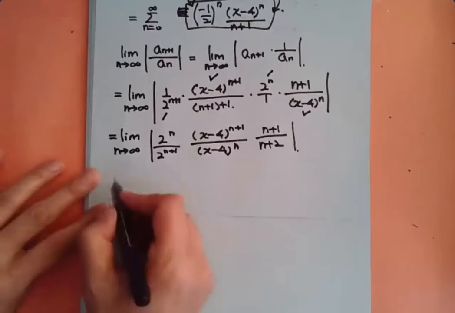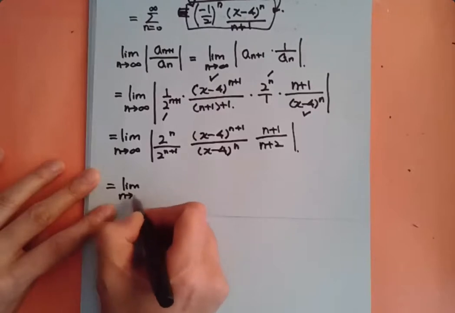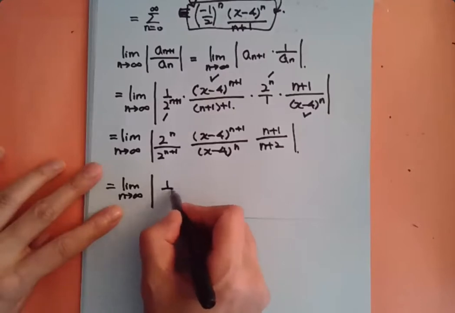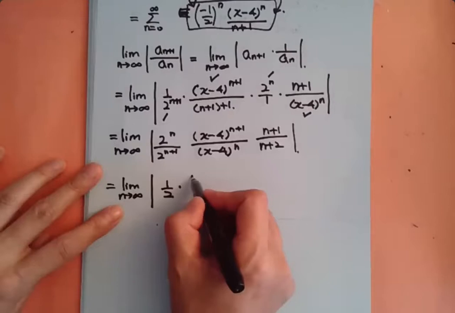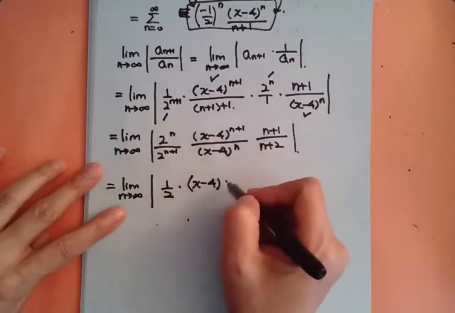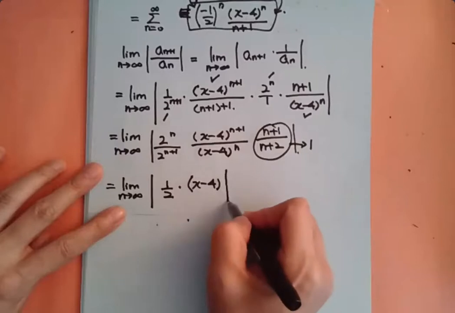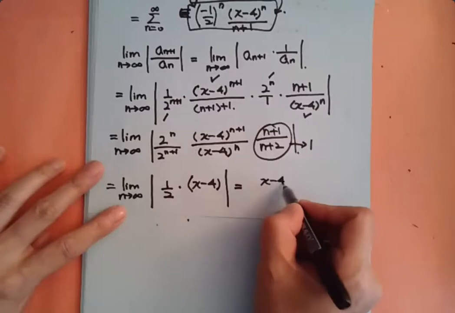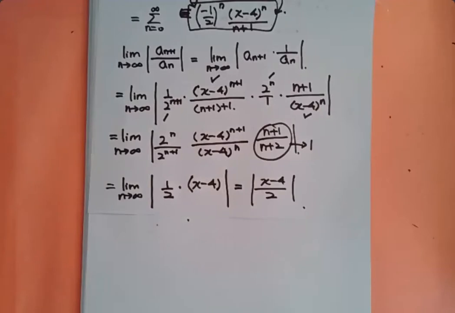So we simplify further, then we have limit n goes to infinity, absolute value of 1 over 2 times x minus 4, and this part will go to 1, so we don't have to write it down. So that becomes absolute value of x minus 4 over 2.